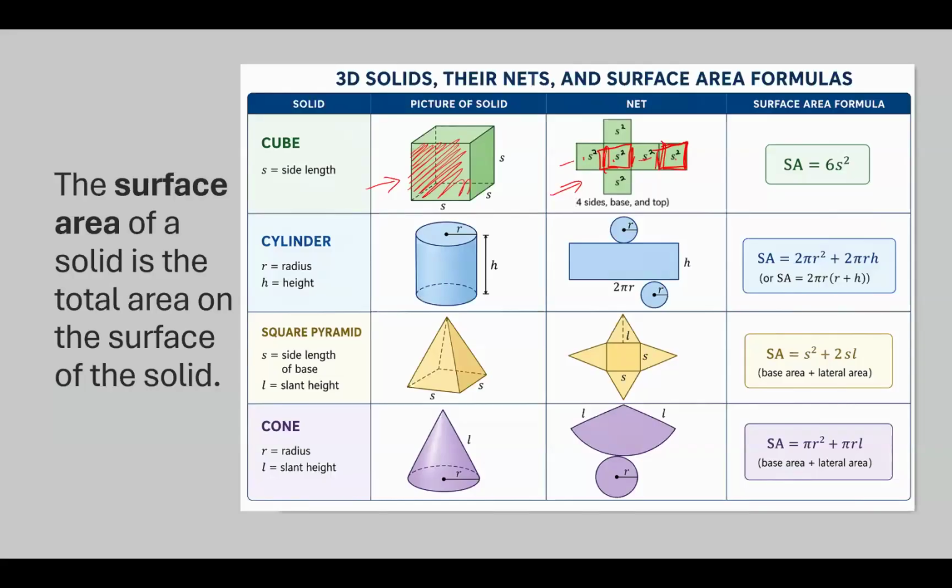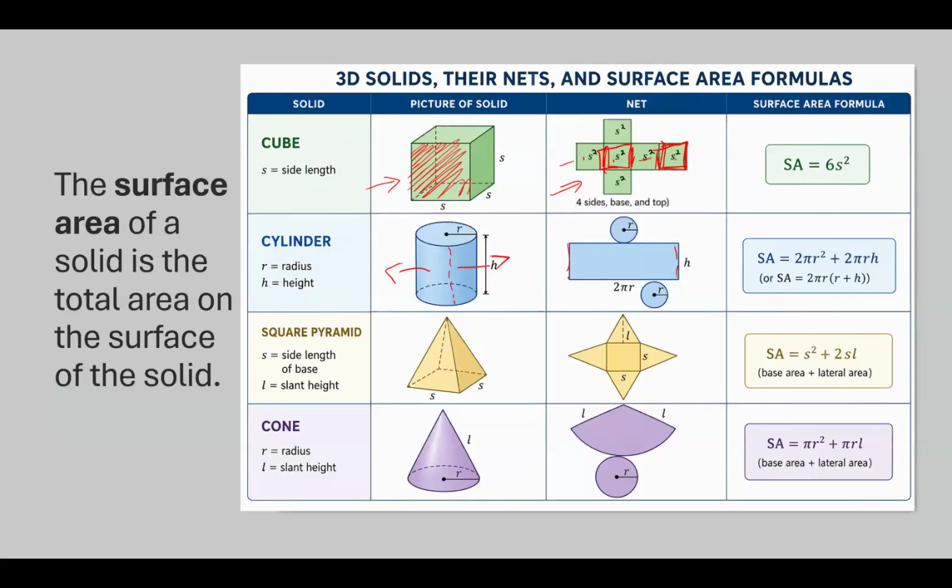If you have a cylinder and you cut it, let's say that you cut the cylinder with scissors right here, and the cut extends in both directions, you end up getting a rectangle. So the surface area of the body of the cylinder is a rectangle.